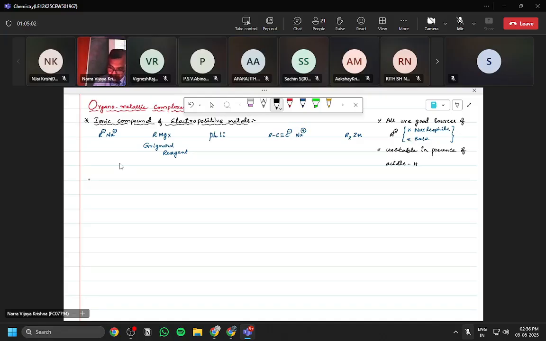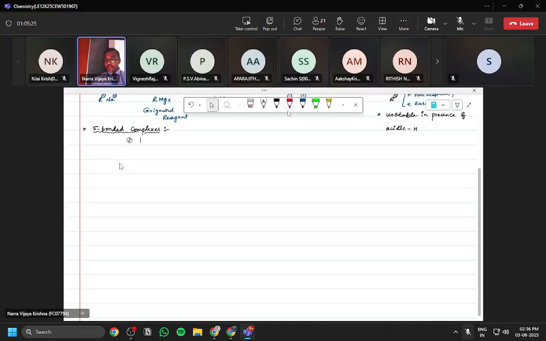Now, second, sigma bonded complexes. Example, Ziegler-Natta catalyst.